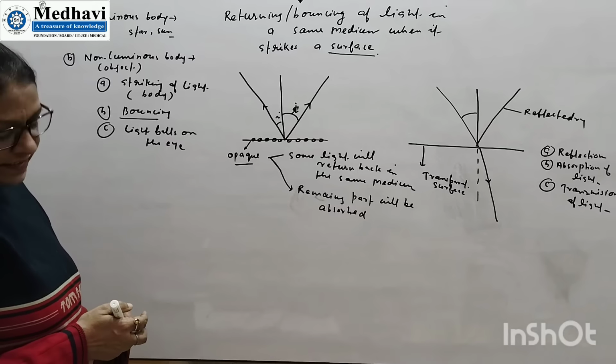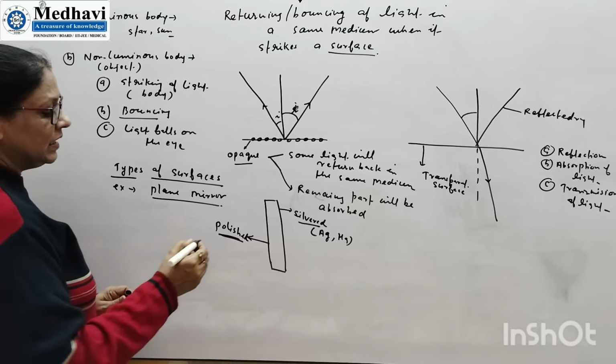A plain mirror is made up of a few millimeter thick glass plate. It has two surfaces. Its front surface is highly polished. This is the reflecting surface. And its second surface is silvered. For silvering, we use either silver metal or mercury.